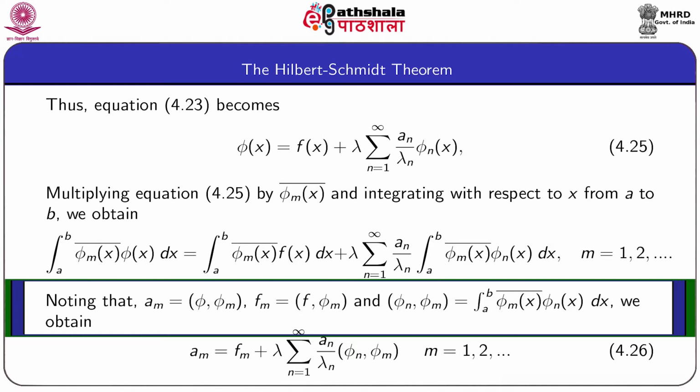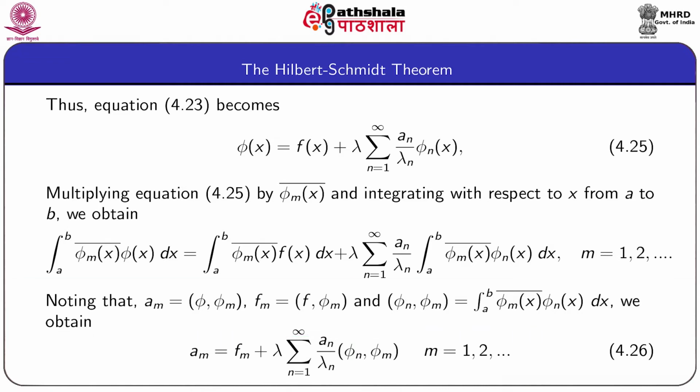Now, we know that a m is the inner product of phi and phi m, so that the left hand side of this equation becomes a m, and also we know that f m is the inner product of the functions f x and phi m, so that the first term on the right hand side is f m, and phi n and phi m, its inner product is given by the integral a to b phi m bar x into phi n x.